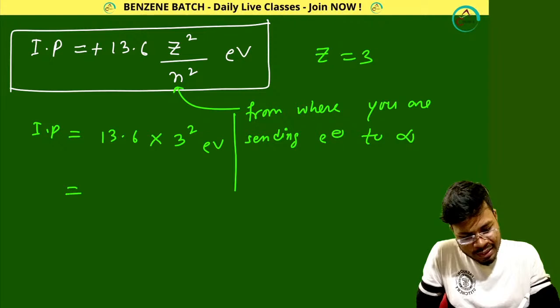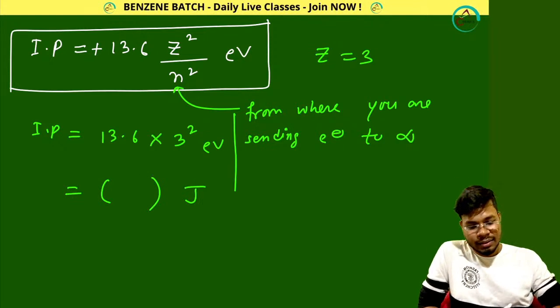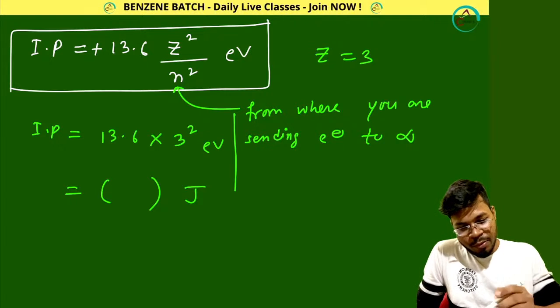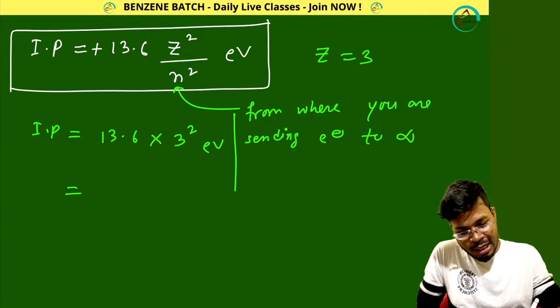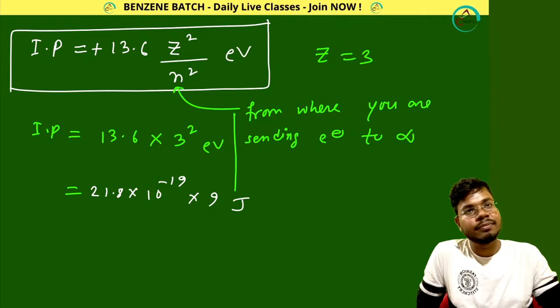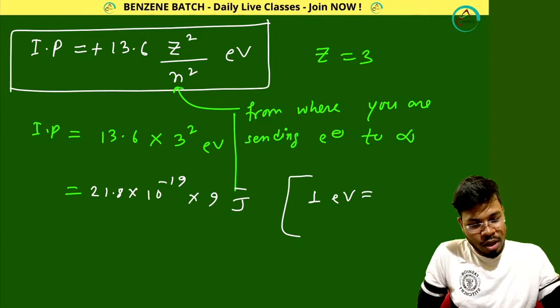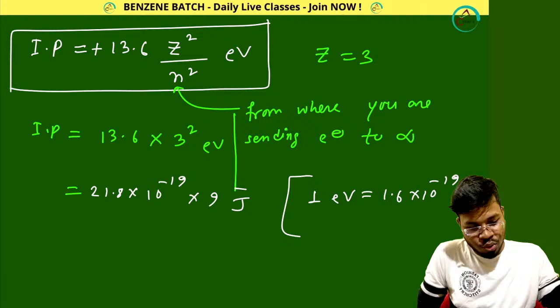So convert this electron volt into joule. If you convert this value into joule, you will get 21.8 into 10 to the power minus 19 into 9 joule. That means 1 electron volt equals 1.6 into 10 to the power minus 19 joule.